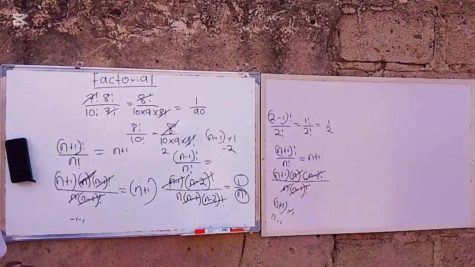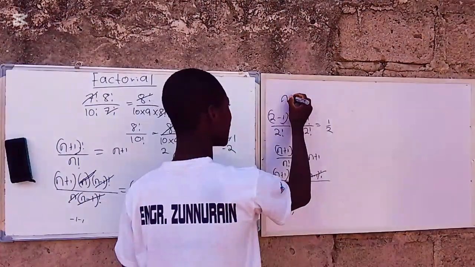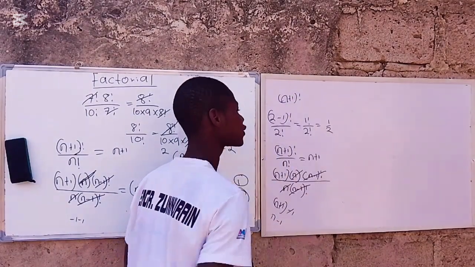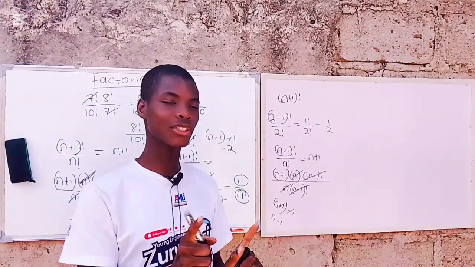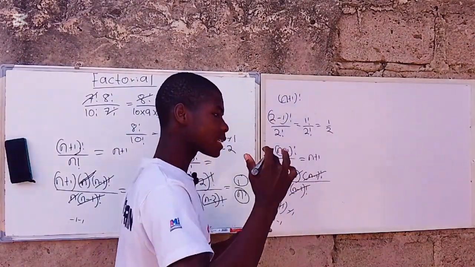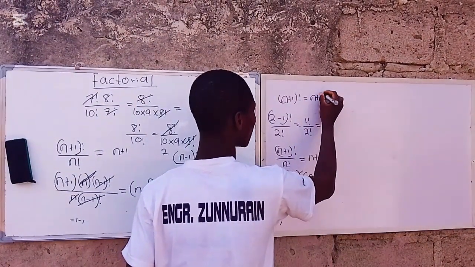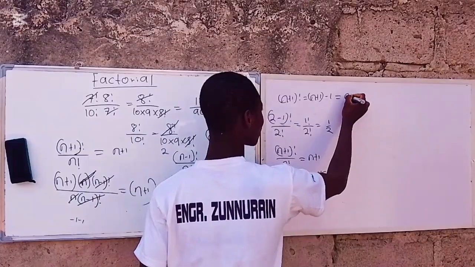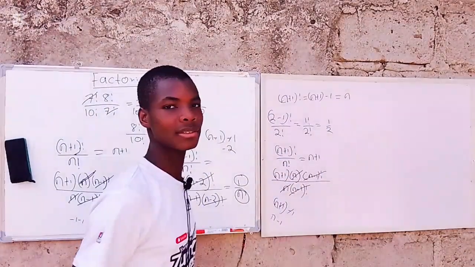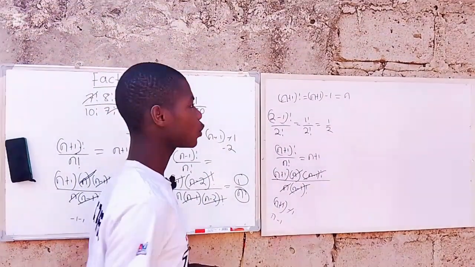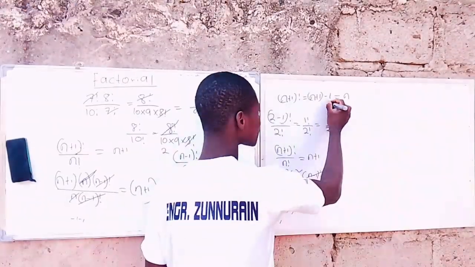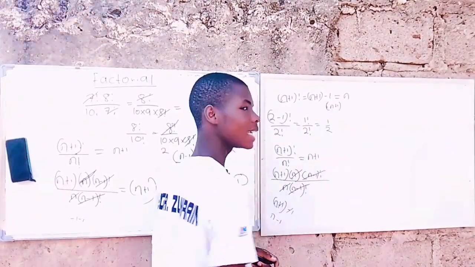But there is one thing that I need you to know. If you are given n plus 1 factorial, n plus 1 factorial is the same thing as saying you have to just subtract by 1. It will now be n plus 1 subtract by 1. This should now be equals to n. But before then, you have to first keep the n plus 1 as it is.